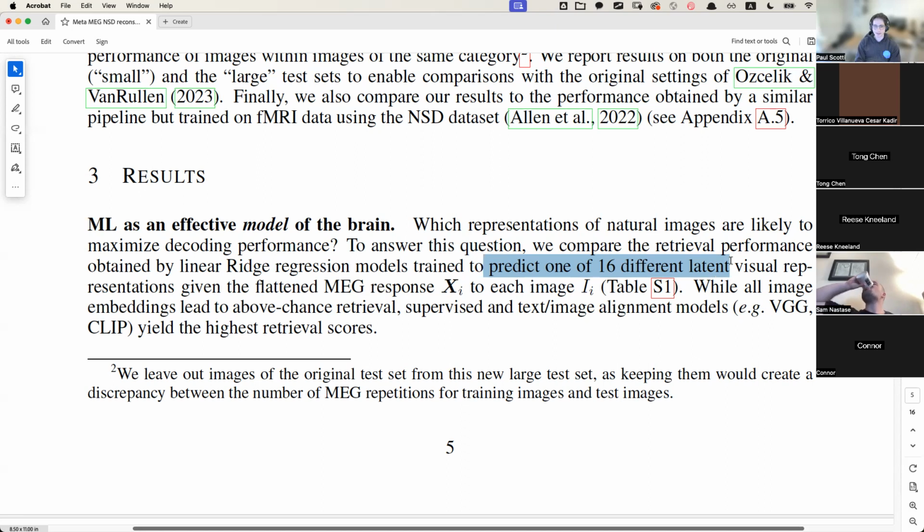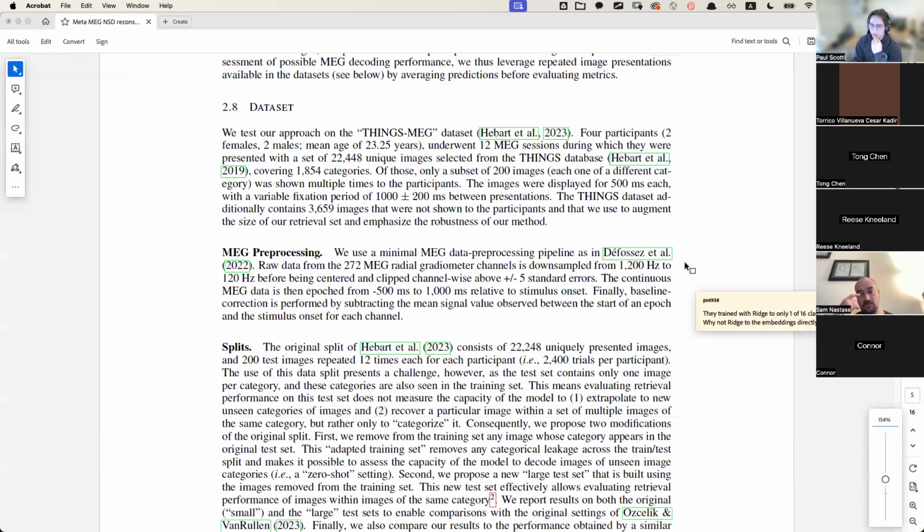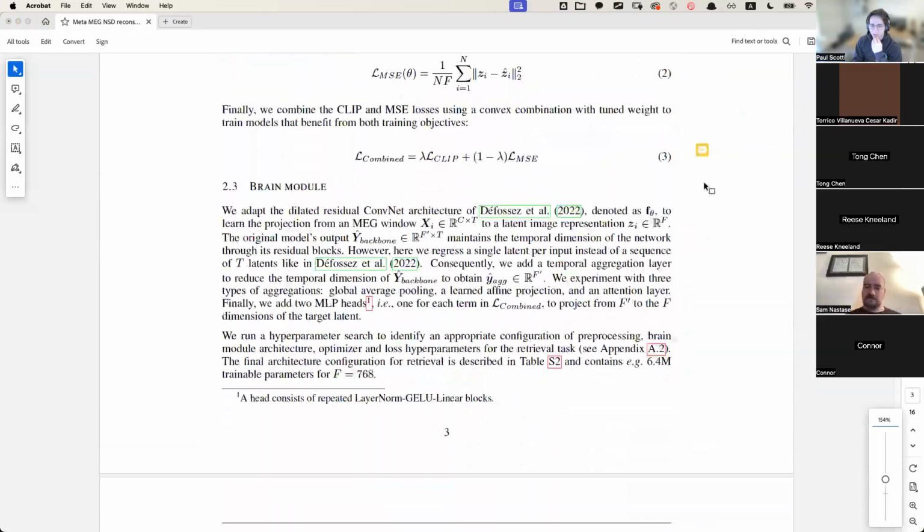I didn't really understand this, but my hunch would be that if you restrain the model to only try and predict 1 of 16 latents, then that's going to do worse than a direct mapping to the embedding space, regardless of the original class of the images. So I don't know if that's a fair comparison or not.